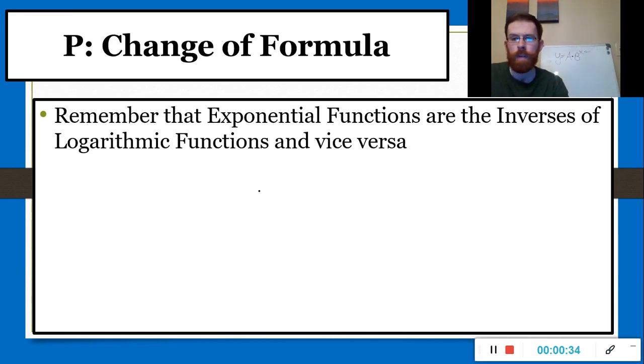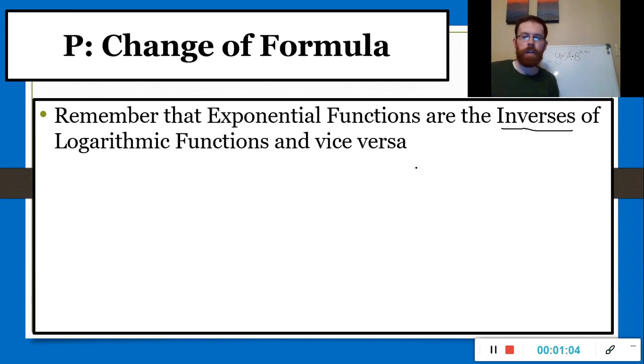But what we're going to be moving on to now is what we call a change of formula, because we are going to be trying to find the inverses of our exponential functions in order to figure out what this x is. Often we use an exponential function to figure out what y is, but if we want to find the opposite variable, we have to use the opposite operation.